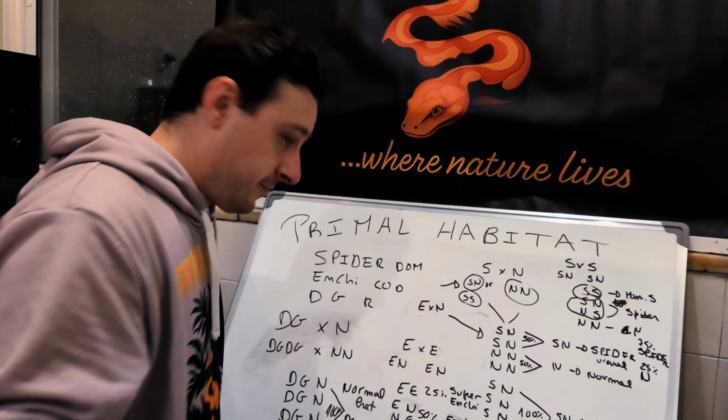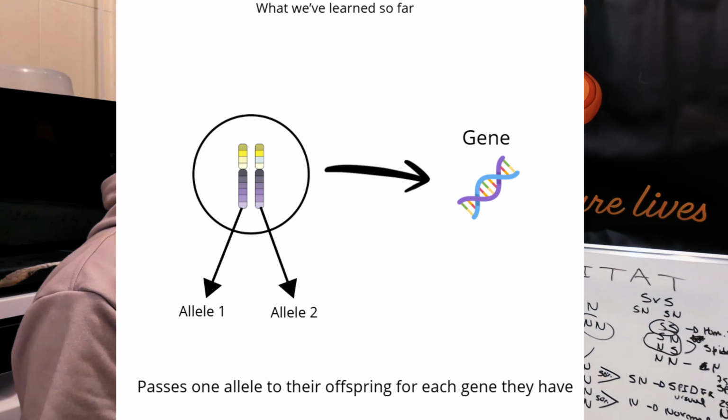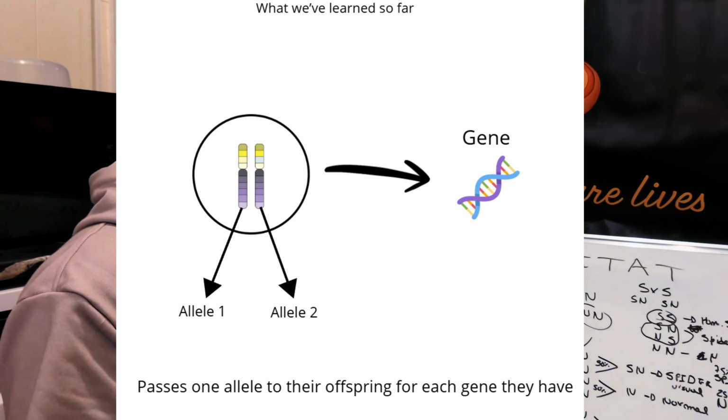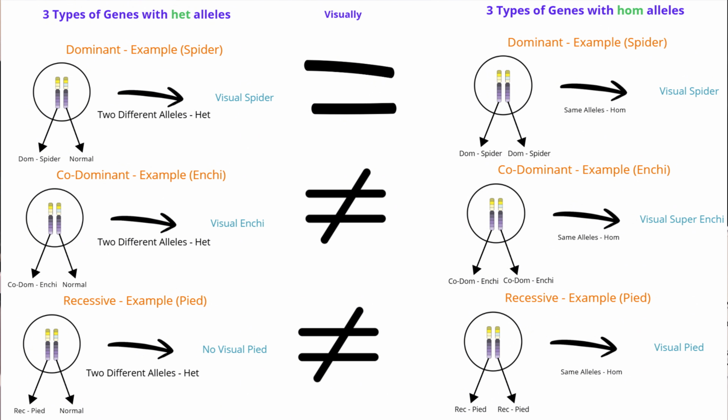So, in summary, one ball python passes one allele for each gene. Each gene has two alleles. Okay? Dominants only have to show one allele of their gene, of their genetic trait in the gene, to show visual. Codominants, the same. Recessive have to show two alleles in the gene of the genetic trait to show visual.